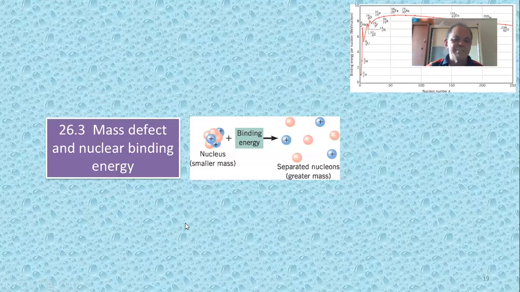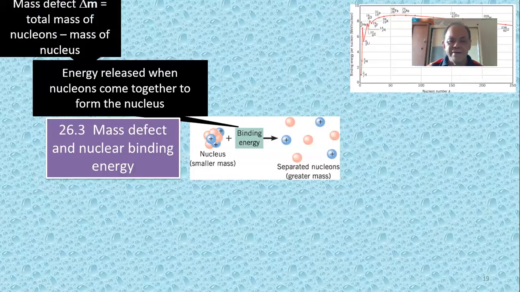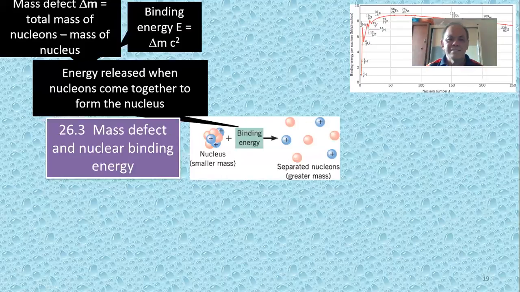So let us just summarize before we try some examples, some past paper questions. Mass defect: energy is released when nucleons come together to form the nucleus. The mass defect is the total mass of the nucleons minus the mass of the nucleus.